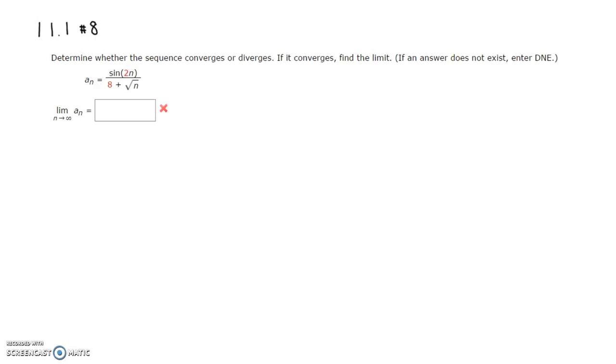We know that the sine of 2n, since it's a sine function, is always going to be between -1 and +1.